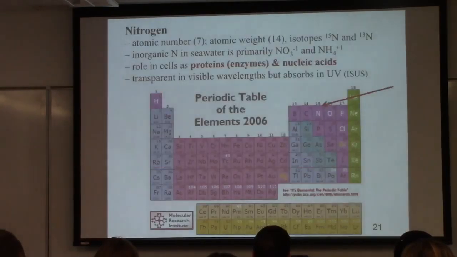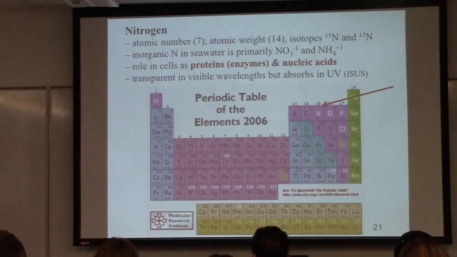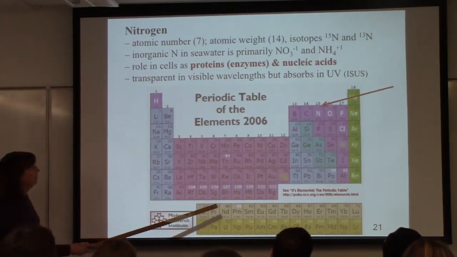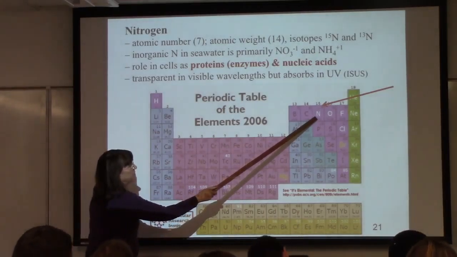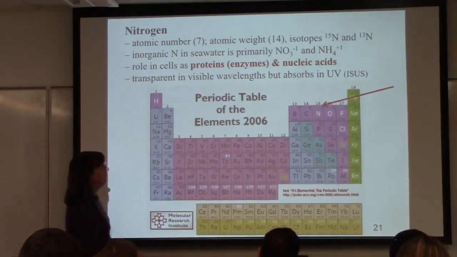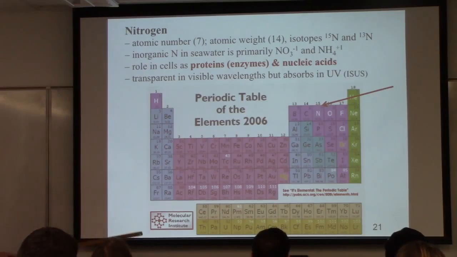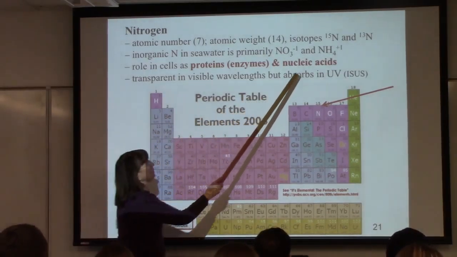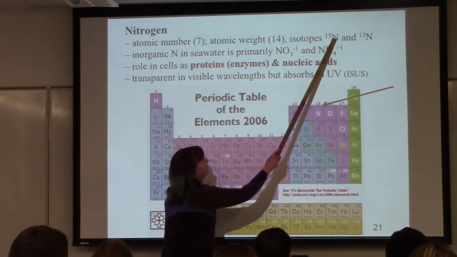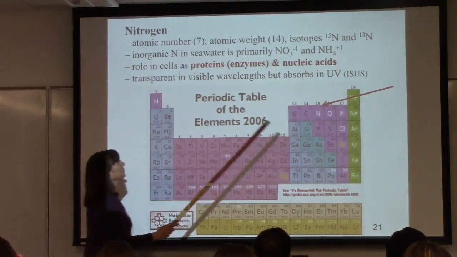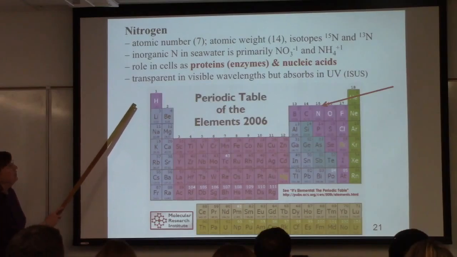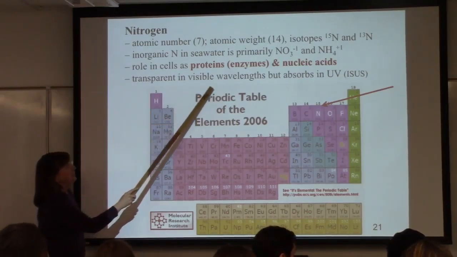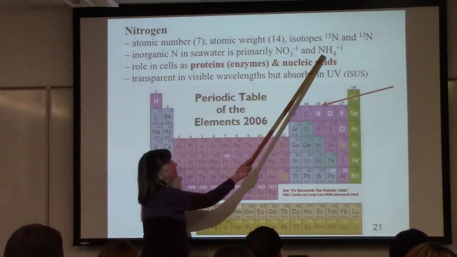But first, you walk downstairs on the 3rd floor, right across from the heads, you'll see the periodic table. Here's nitrogen, an atomic number of 7, mass of 14, although there are some isotopes that are N15 and N13. Primarily in the ocean, you find nitrogen as nitrate and as ammonia.